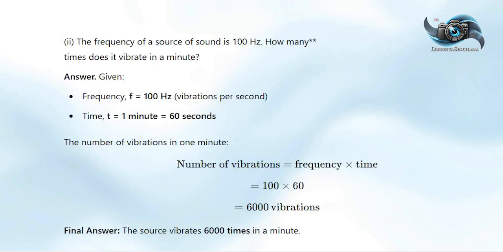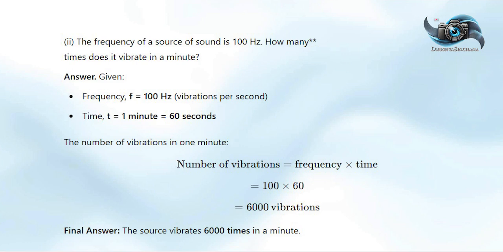2. The frequency of a source of sound is 100 Hz. How many times does it vibrate in a minute? Answer. Given. Frequency, f, is equal to 100 Hz, vibrations per second. Time, t, is equal to 1 minute, which is 60 seconds.